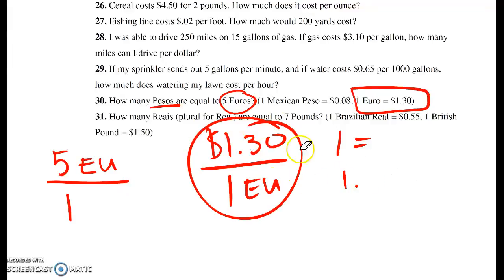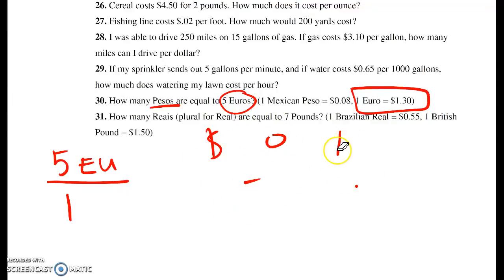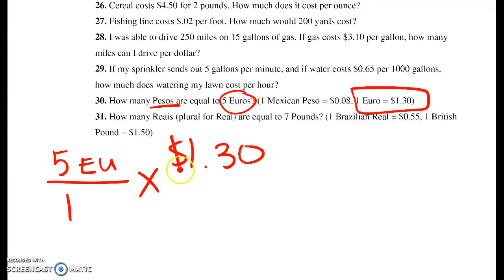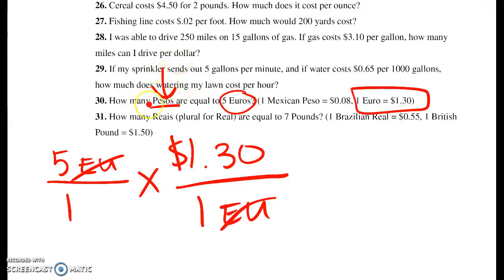Now let me get rid of all this stuff. Okay, I'm going to multiply this fraction by $1.30 over 1 euro. Now that I have euros on the top and the bottom, I can cancel them out. But now I have dollars on the top, and I'm still looking for pesos.